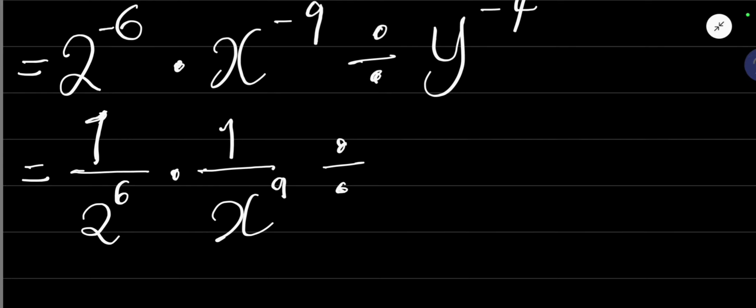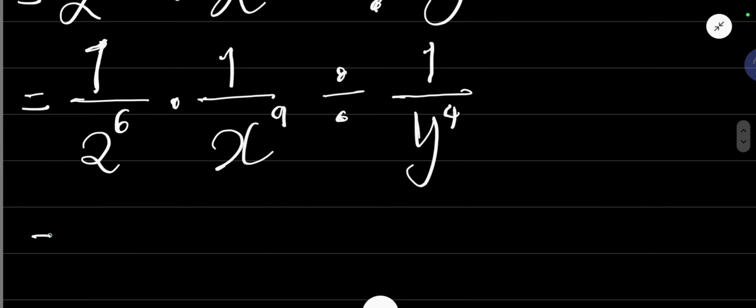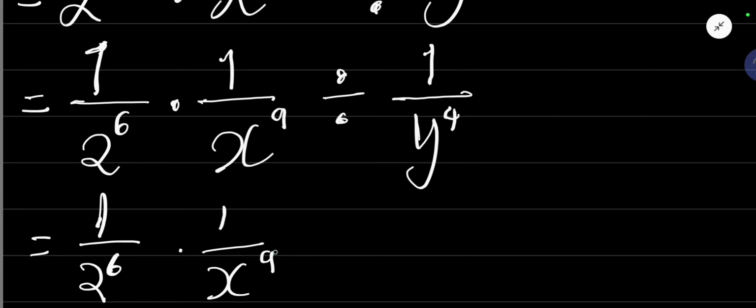Divide, right? This minus will become a fraction line, and this y will become your base as a denominator, and that 4 will become the exponent, and you just put 1 there to make the fraction. And now one last thing, 1 over 2 exponent 6 just write it the same way as it is, 1 over x exponent 9.